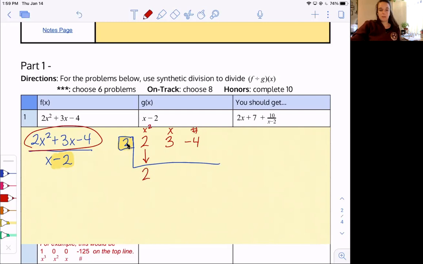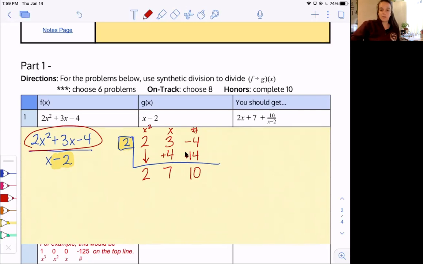I have 2 times 2 would be 4. I'm going to put that right here. Good job, Gab. I'm going to add, yes, good job. So 3 plus 4 is 7. 7 times 2 would be 14. -4 plus 14 would be 10.